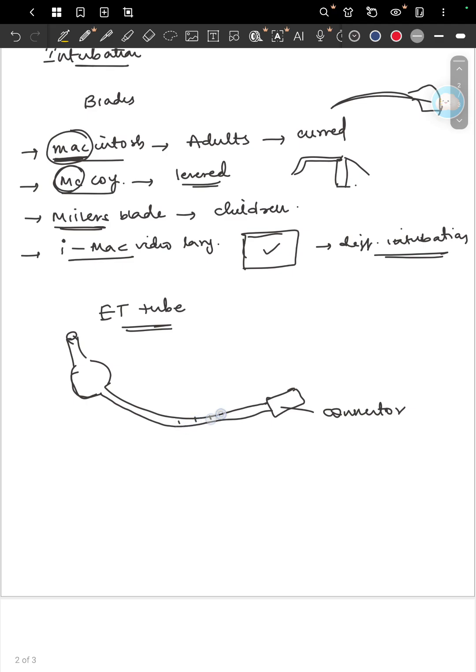Then we have all these markings, so these are depth markings, and this is the tube basically. Then we have a radio opaque line here. Then we have a very important part, that is the cuff, and finally we have a Murphy's eye.